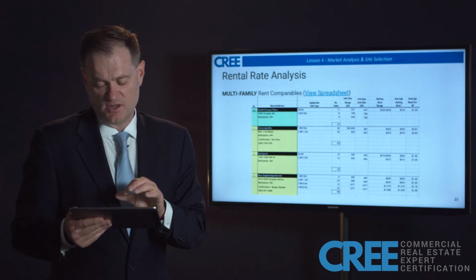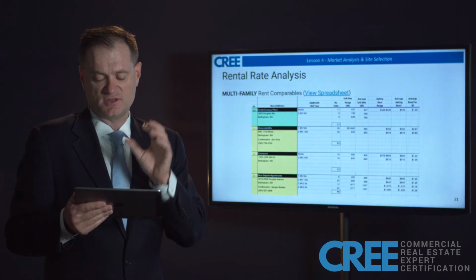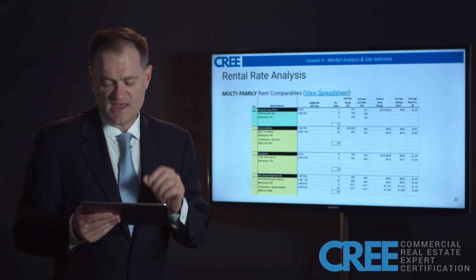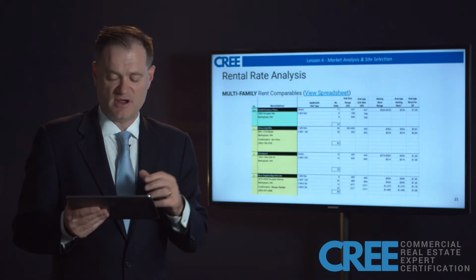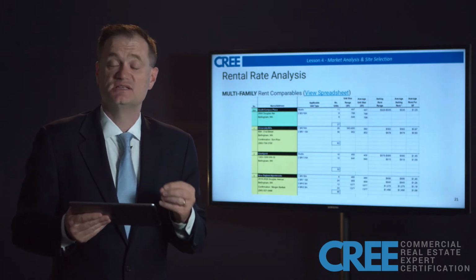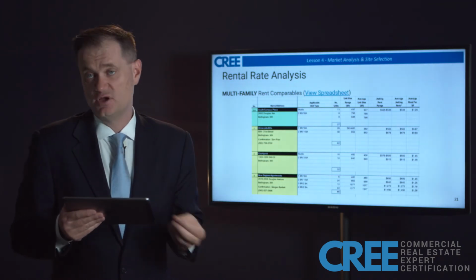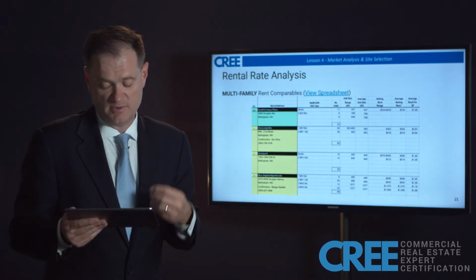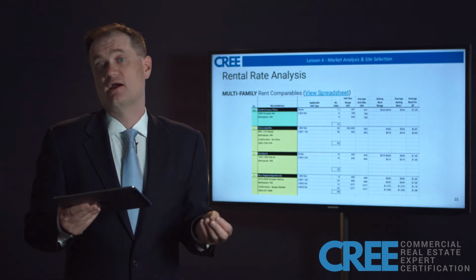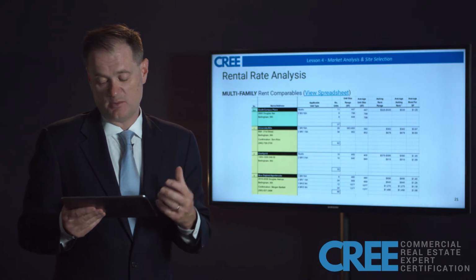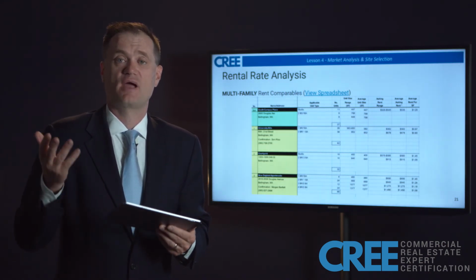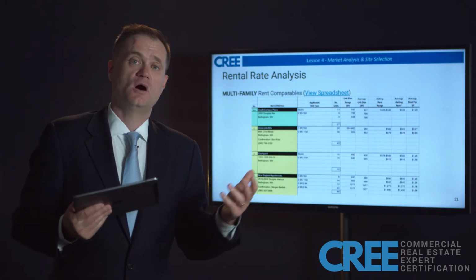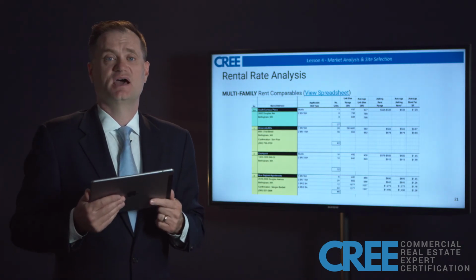And this will be a guide for you to be able to look at the unit sizes, you know, what the asking rates are, what the average is, and you'll be able to compare and contrast all of the different unit types, from studios, 1s, 2s, 3 bedrooms, all the way up to whatever you're comparing the property to, and you'll get those comparables, bring them into the spreadsheet and compare them, and then you can kind of rank them based on quality and age and give kind of a general assessment.